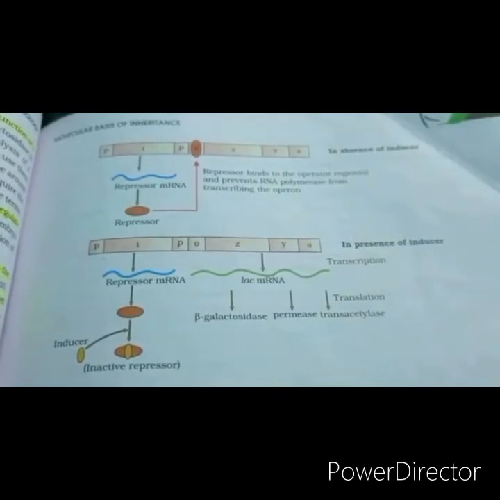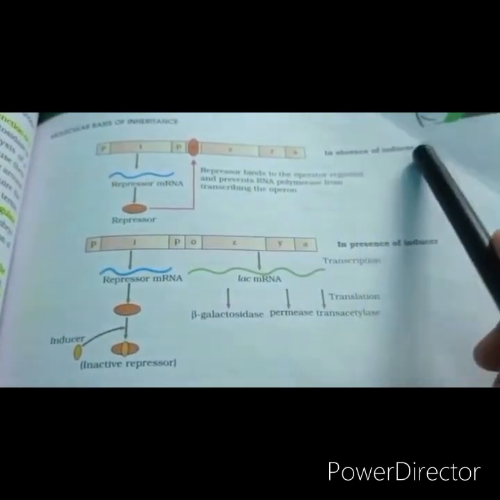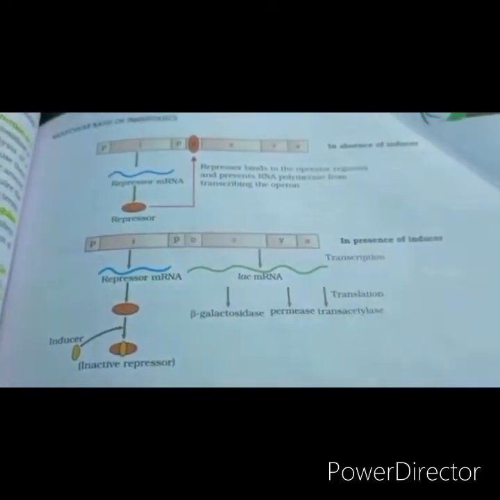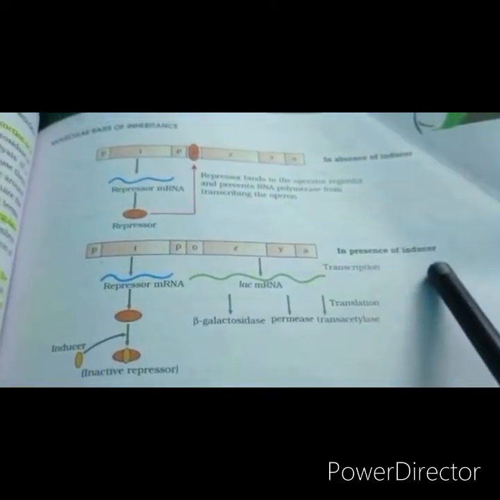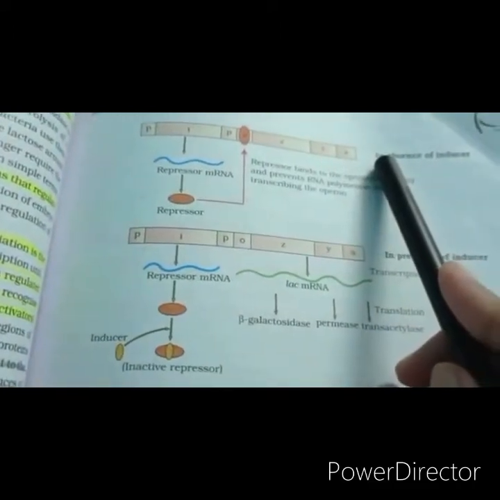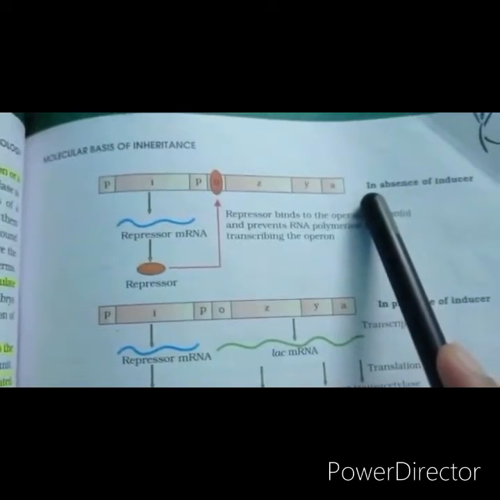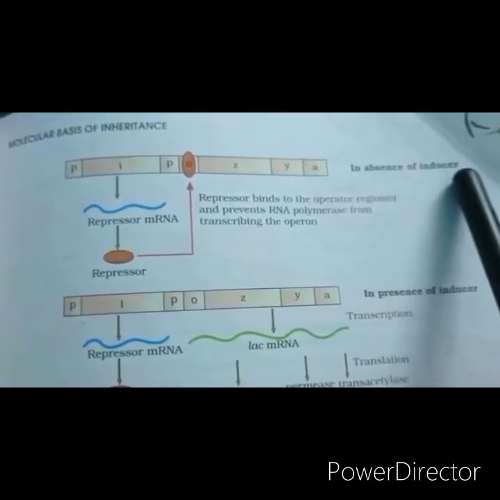So let us see what happens in the absence of inducer. Here our lactose is the inducer. So first of all, let's take the example in which our lactose is absent, in the absence of inducer.